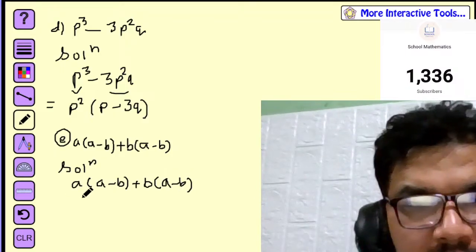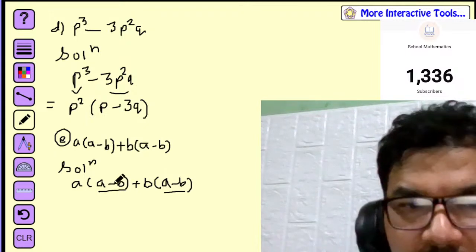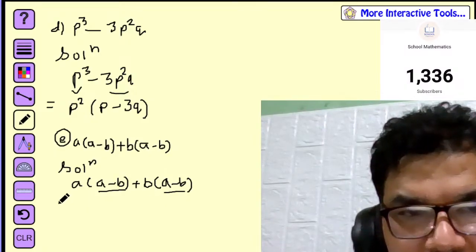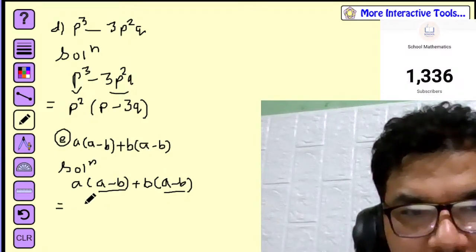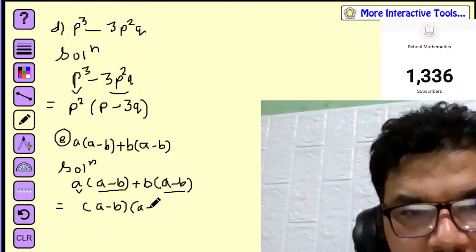Look, this a minus b is one, and this a minus b is the same factor, so we have to take a minus b as common. Remaining here is a, and here the remaining is b.